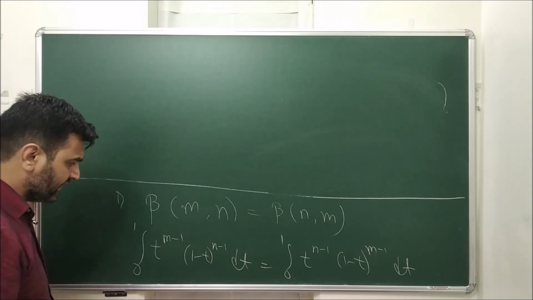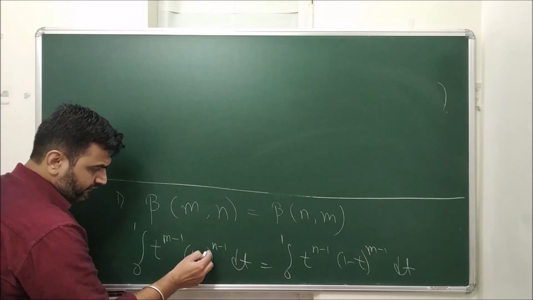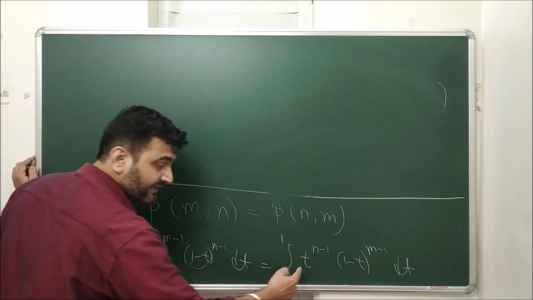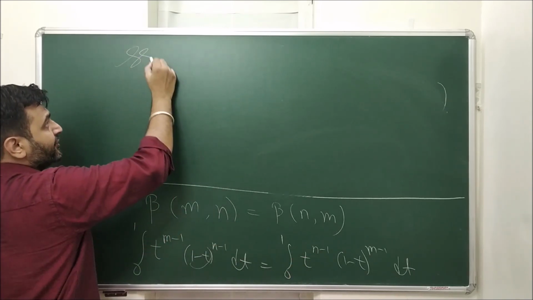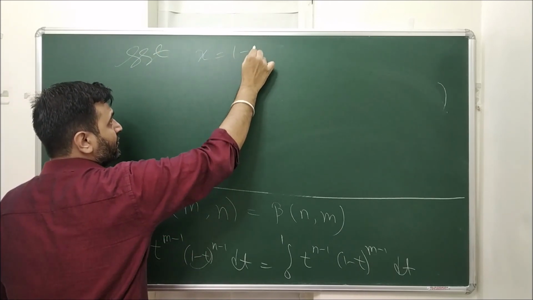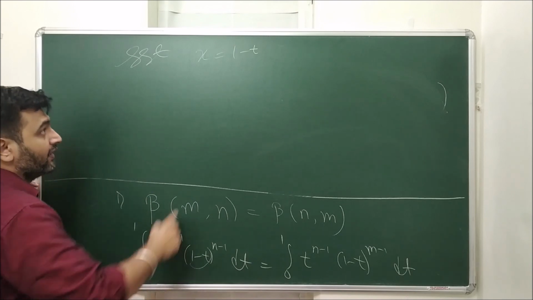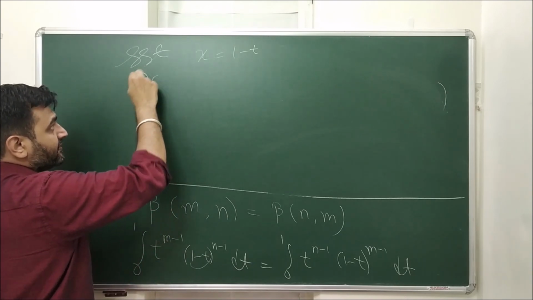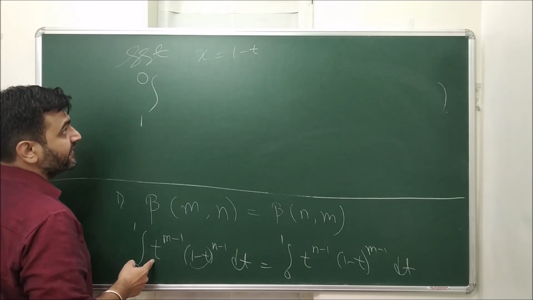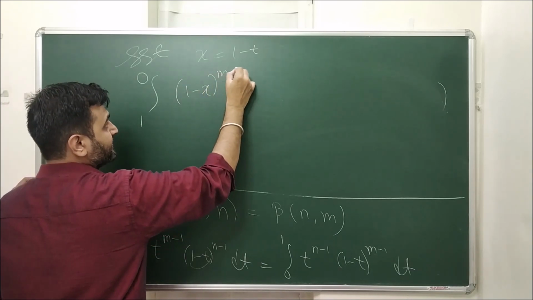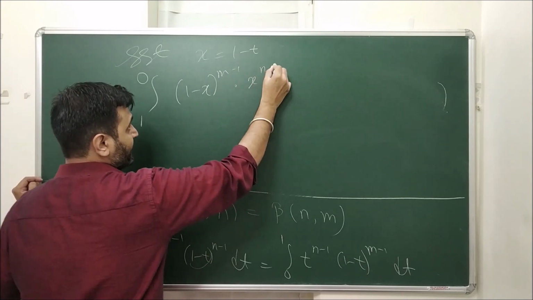Well, the proof is easy. In place of n minus 1 you have 1 minus t, and here you have only t for n minus 1. So the obvious substitution you should do on the left hand side is to put x equal to 1 minus t. When you do that, when x is 0, t is 1, so the limits become 1 to 0. What is my t? It is 1 minus x. So 1 minus x raised to m minus 1, x raised to n minus 1.